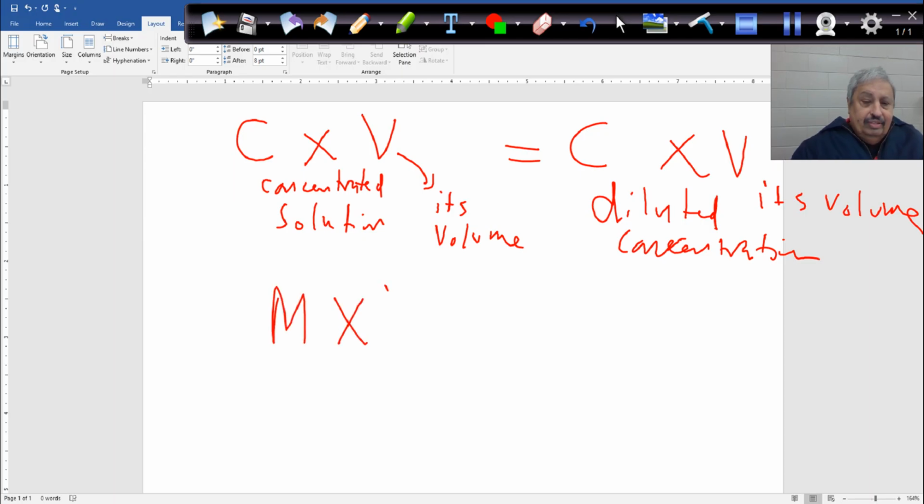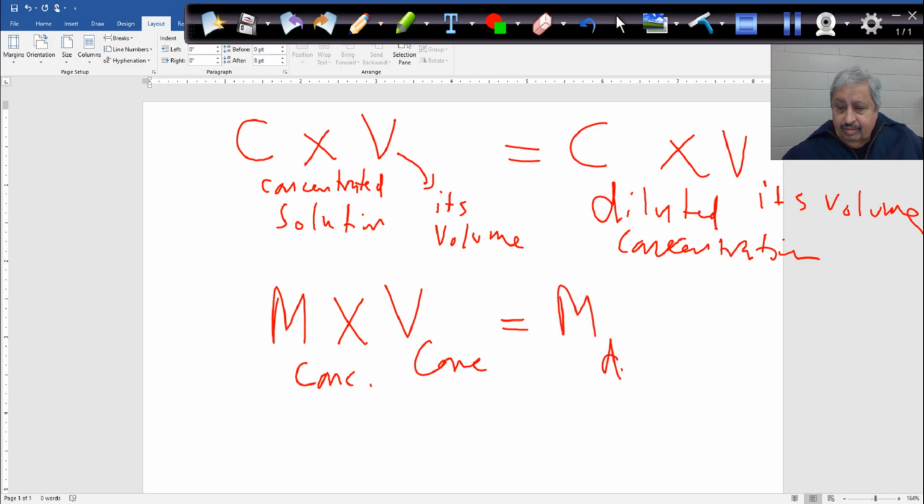So, molarity of the concentrated, times volume of the concentrated, equals molarity of the diluted, times its volume. Okay, so it depends what book you are reading, but they mean the same thing.